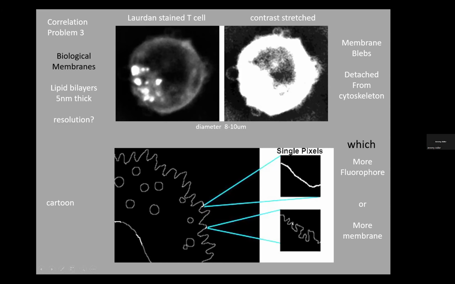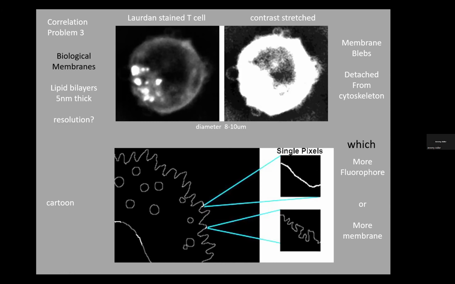This is fairly realistic because lipid bilayers are around 5 nanometers thick. Pixels in a confocal or most wide field microscopes are much bigger than that. So our problem is that the amount of membrane in different pixels varies depending on whether they're under tension or whether there is folding.